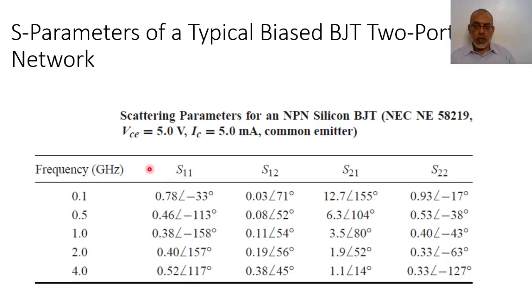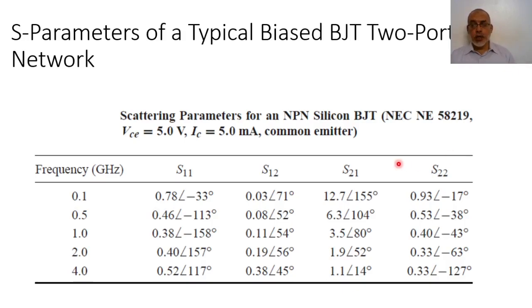So the input and output ports of the transistor are not matched. This means that in the design of a microwave amplifier, for example, it is required to introduce an input matching network at port 1 and an output matching network at port 2 to match these ports with the transistor.